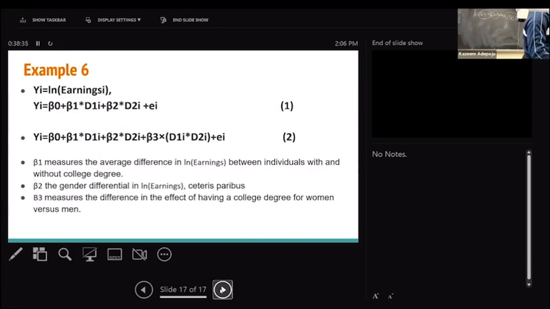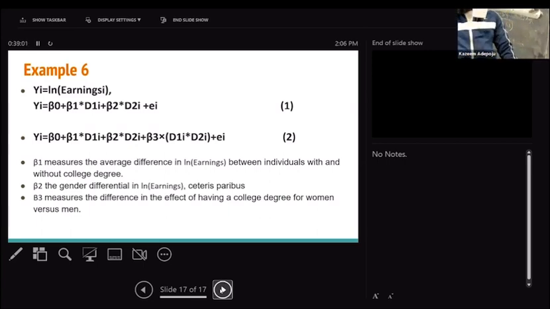The contribution of gender to earnings may depend on whether they attend college or not, or the contribution of college degree to earnings may depend on the gender, and that is why you are having interaction. Does that make sense?